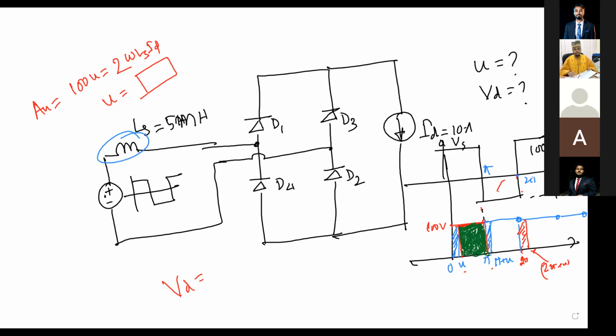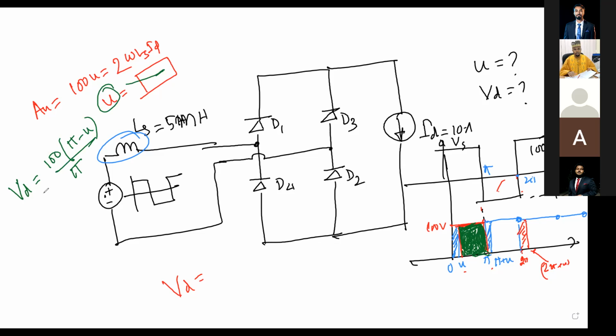Then VD will be 100 pi minus U divided by pi. Everyone got it? Yes, sir. So you have to find the U from here.